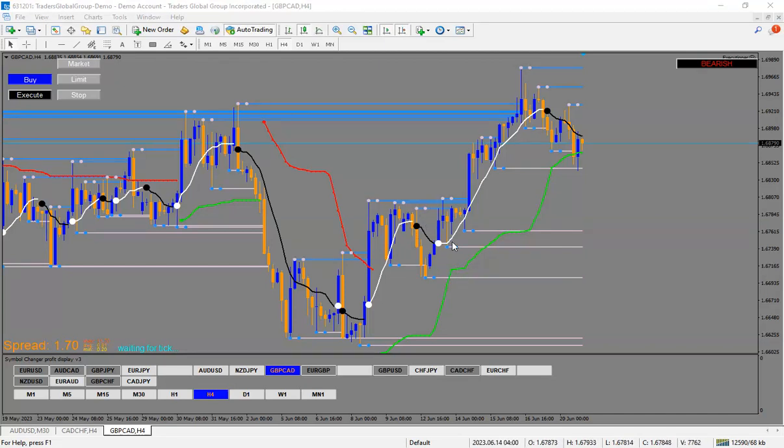So we use the black to identify when the selling pressure is exhausted. So wait for a close above the lowest bearish candle in the black for us to continue buying.